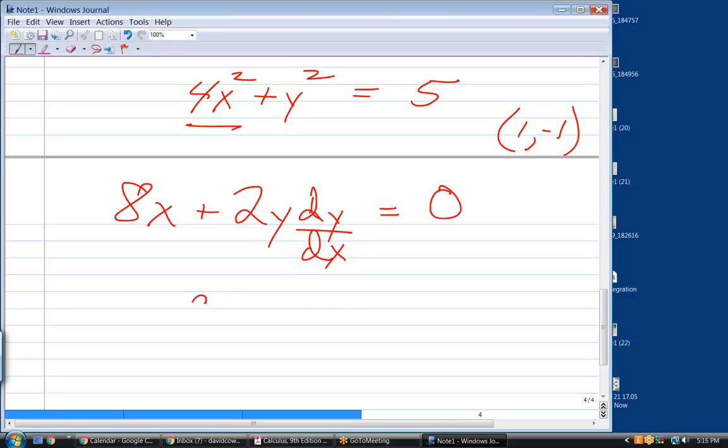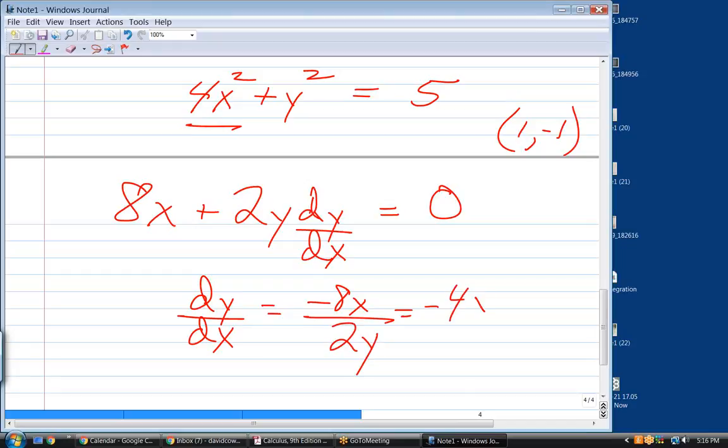So now solve for dy dx. What do you get? It's just negative 8x divided by 2y, because 2y is a multiplier. So that becomes that.